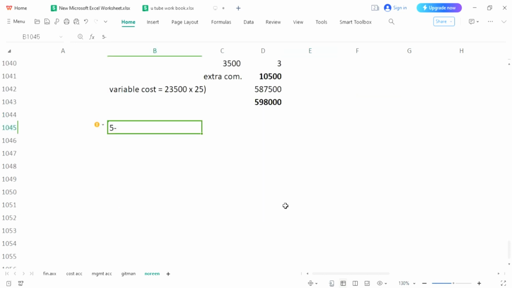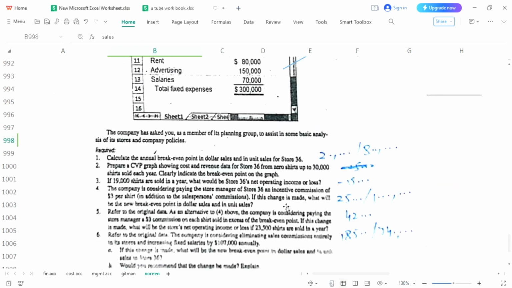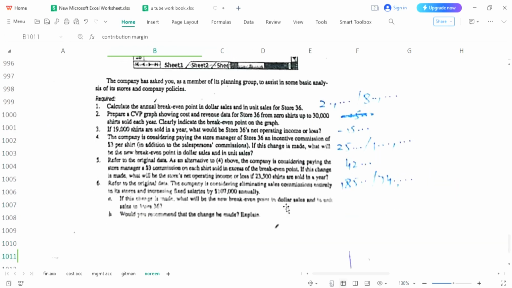Alright guys, now we are going to solve our sixth point. Let's see what point 6 is saying to us. Here you can read it. Refer to the original data. Again, we are ignoring what we have done in 1, 2, 3, 4, 5. We are not going to look at it. We will be calculating according to the original data.